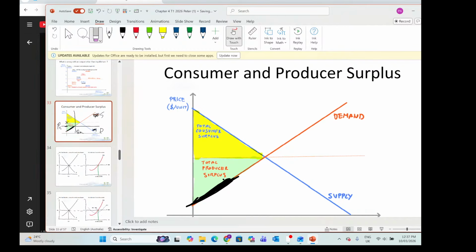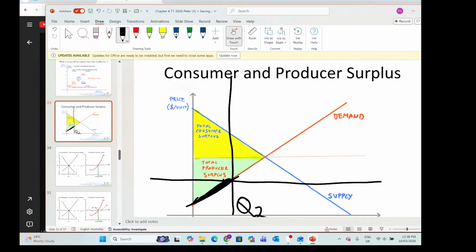So imagine a situation in which our supply is at Q2. How could we get to that situation? We could get to that situation if the government designates the price at PC.